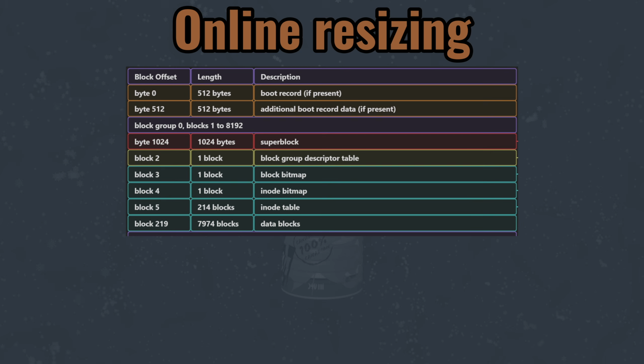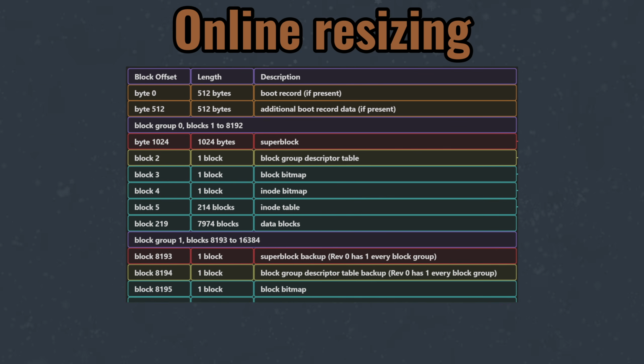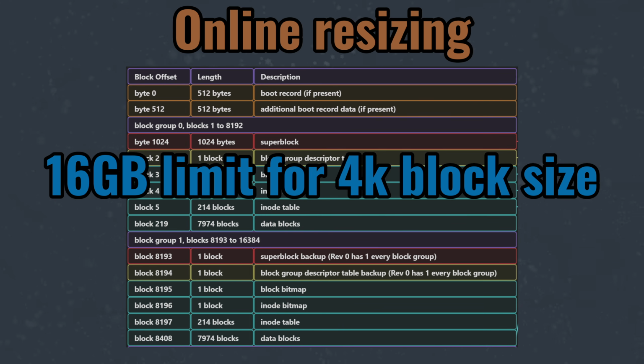After that, they would add new entries to the group descriptor table to fill up the whole group. That has a limit to it. It's 16 gigs for 4K block size. So if you were hitting that 16 gig limit, normally that would be the end of it. You couldn't grow any further. Now, for those that patched their file system, there was a way to go a little bit further.